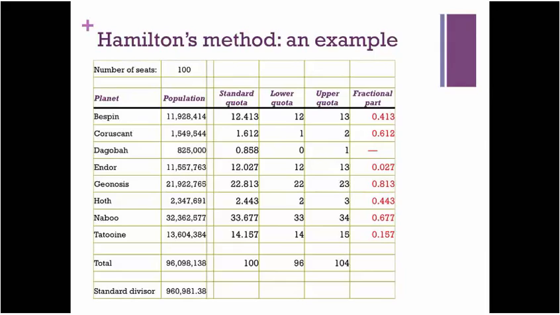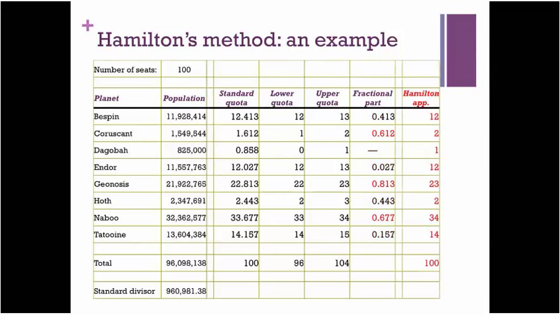So I've listed the 7 fractional parts over on the right, and now we need to decide which of those 3 are the 3 largest. Sorry, which of those 7 are the 3 largest. We pick out the 3 largest. The largest, as you can see, is the planet whose name begins with a G. I won't even attempt to pronounce it. And then there are 2 others.